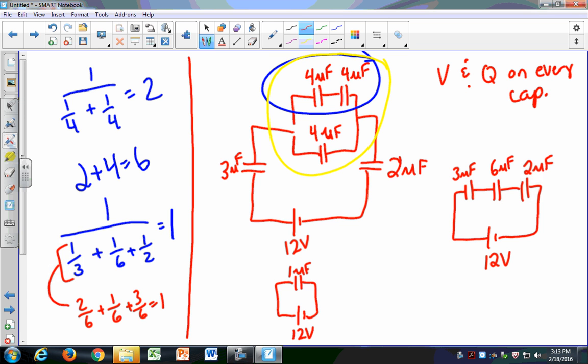So now I can begin to step backwards, because I know that this 1 microfarad capacitor will have a charge, remember Q equals CV, it will have a charge of C, which is 1 microfarad, times 12 volts. It will have 12 microcoulombs of charge. What will these capacitors have for charge?